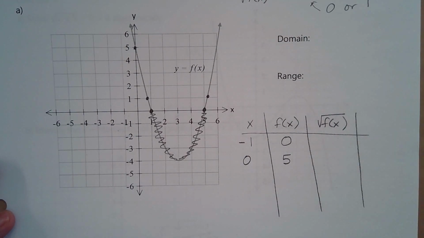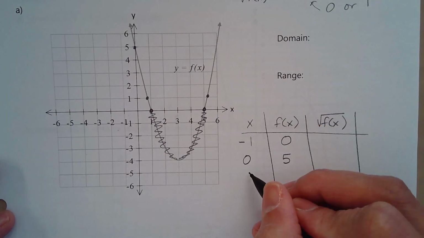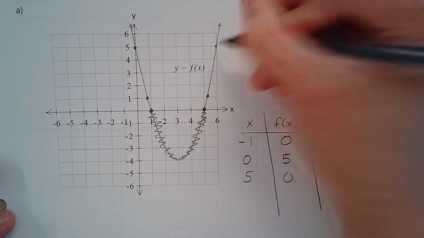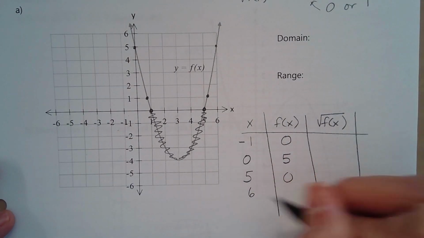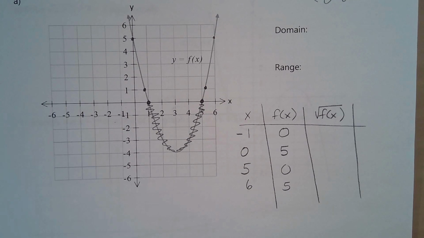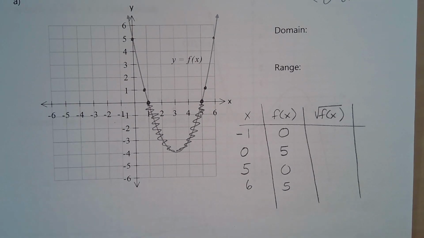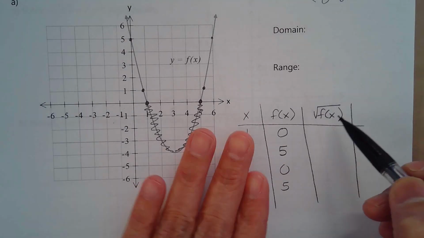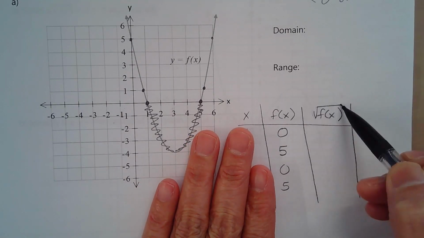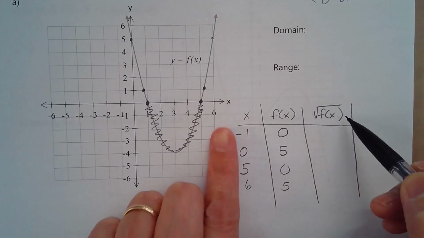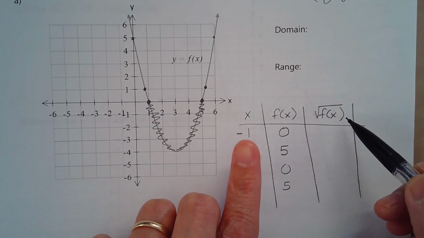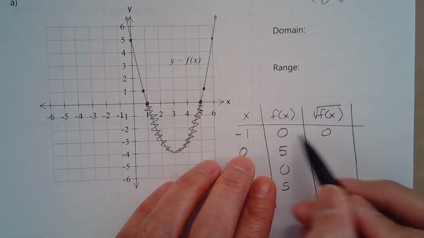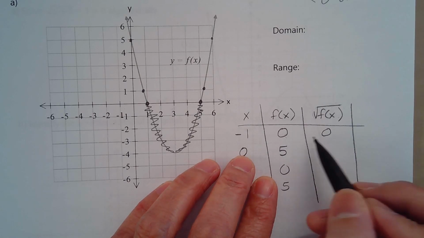Where's the other one? This one is going to be 5, 0. And then this part is going to be 6, 5. So what are we going to do? If you take a look at this, we're taking the square root of f of x, not the square root of x. So the square root of 0 is 0. As you can see, nothing changed. That's why it's called invariant points.